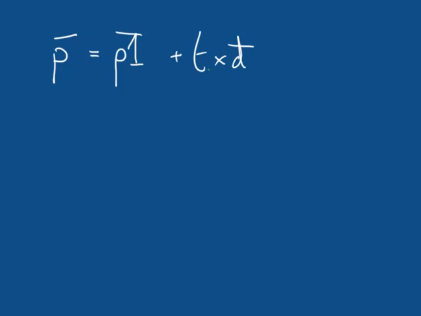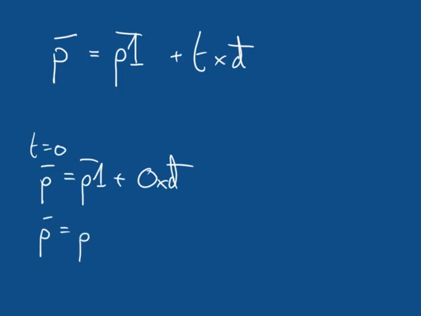So the first thing we can see is if we look at our equation, we can actually see that if we had a parameter value of 0, that's going to give us the point P1. So if t was equal to 0, we'd get P is equal to P1 plus 0 times D, which means P is equal to P1.